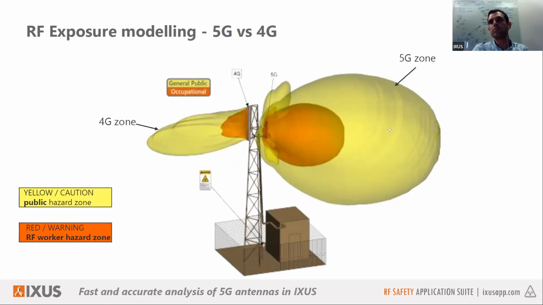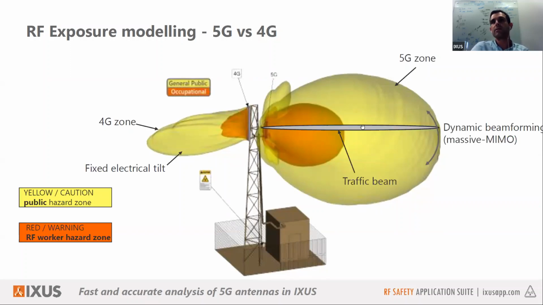What we should take note of is that the 5G antenna has a beam that is steered to a particular handset or mobile user, and what makes these systems so clever is that the beam can be adapted dynamically, in what we call dynamic beamforming, to service the particular point that requires it, where the traffic is located.